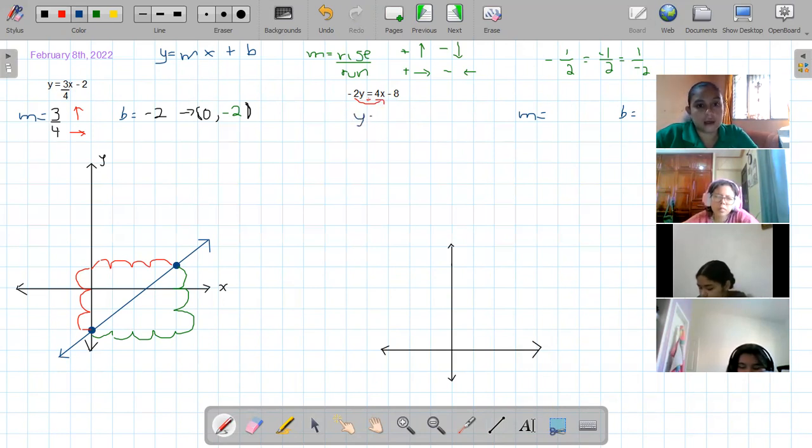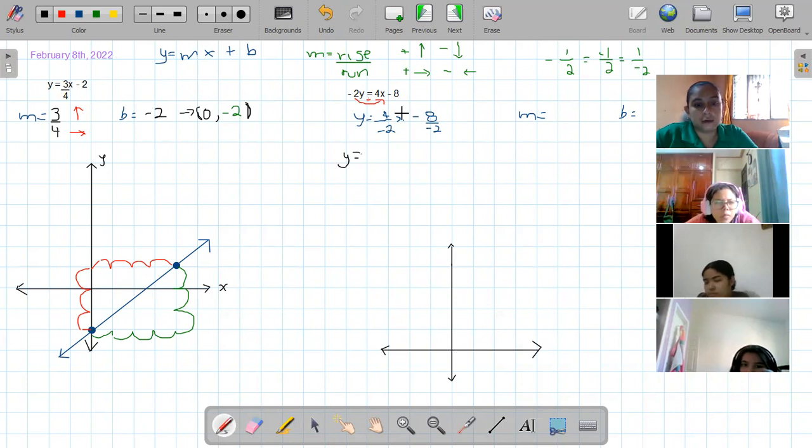So you're going to have y is equal to 4 over -2 x minus 8 over -2. And we're going to simplify that, okay? If possible. In this case, it is.